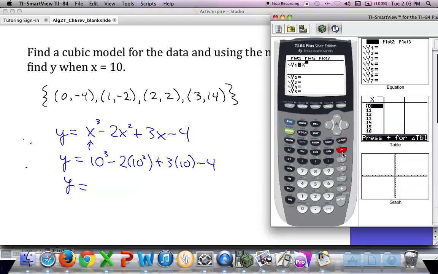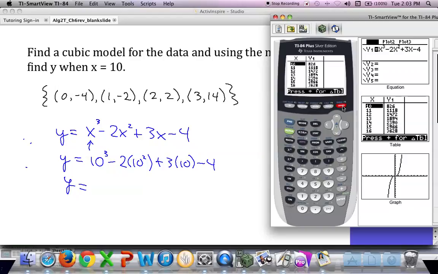X to the third minus 2x squared plus 3x minus 4. And then go to the table of values. And at x equals 10, y equals 826. It should be the same thing that you get if you just enter it in like that. It should have been 826.